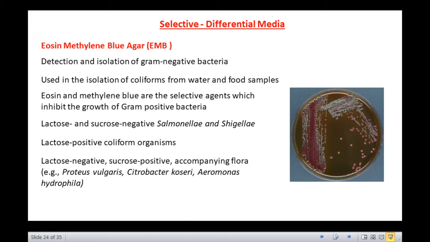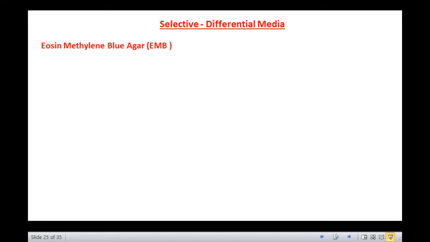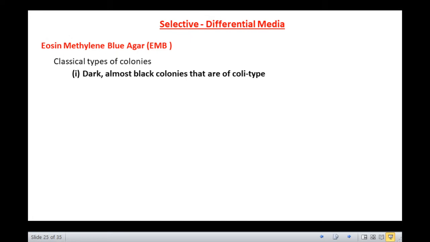Lactose fermenters like the coliforms form dark colonies due to the acid produced by fermentation. Classical types of colonies are seen on a typical EMB agar plate. They are dark, almost black colonies that are of coli type.